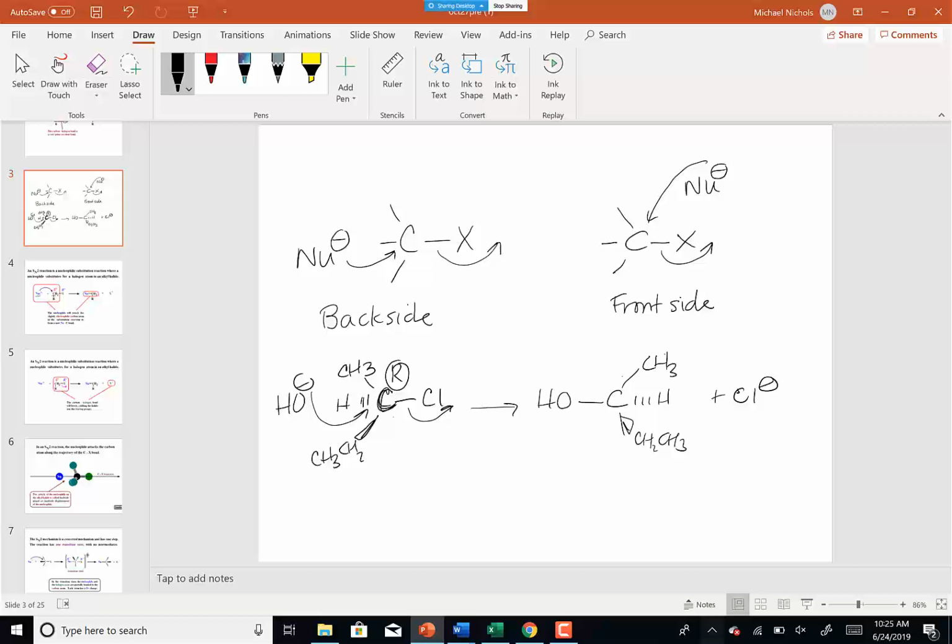Now notice that when the hydroxide does a backside attack, these groups that are attached to the carbon go from being oriented to the left to being oriented to the right.